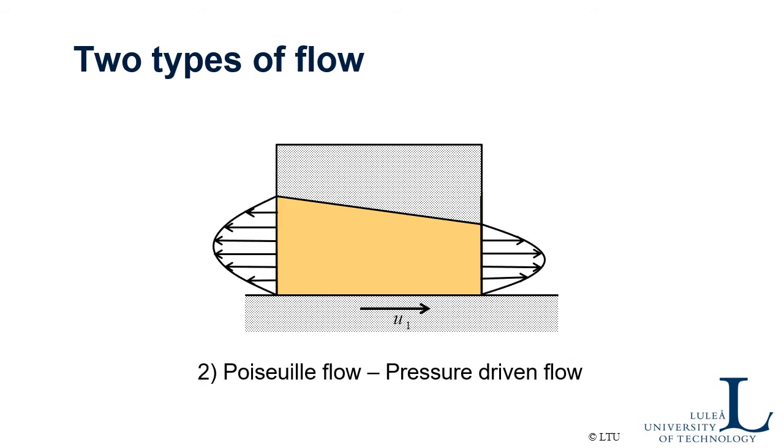The other type of flow is Poiseuille flow, and that is pressure-driven flow. That pressure-driven flow comes from the assumption that we must have a pressure inside the film, otherwise we can't separate the surfaces.